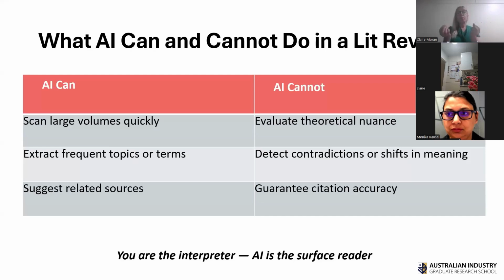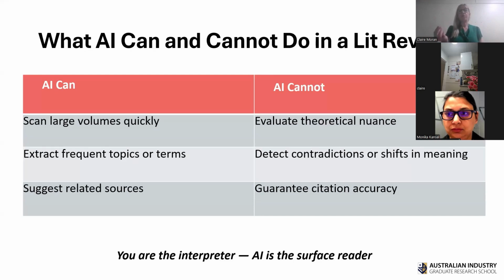Just thinking really broadly with the literature review, what AI can and cannot do. It can scan large volumes quickly, absolutely, but it cannot evaluate nuance. It can extract. I think extract is a really useful word to think about with AI.